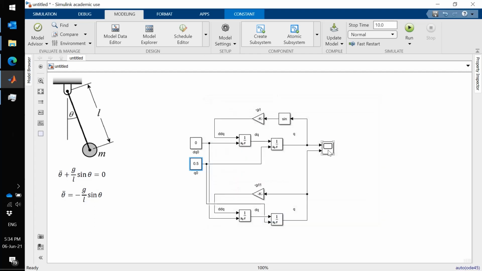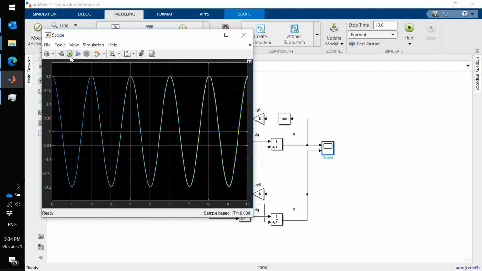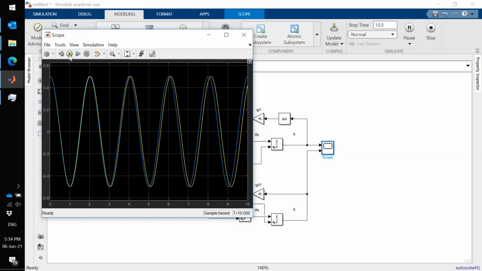Increase the initial angle a bit more, and now the difference is clear. The nonlinear model is the yellow model, and the linear model is the blue line. So the period of the nonlinear model is slightly larger than the period of the linear model, and that's due to the nonlinearity, due to using the sine function.